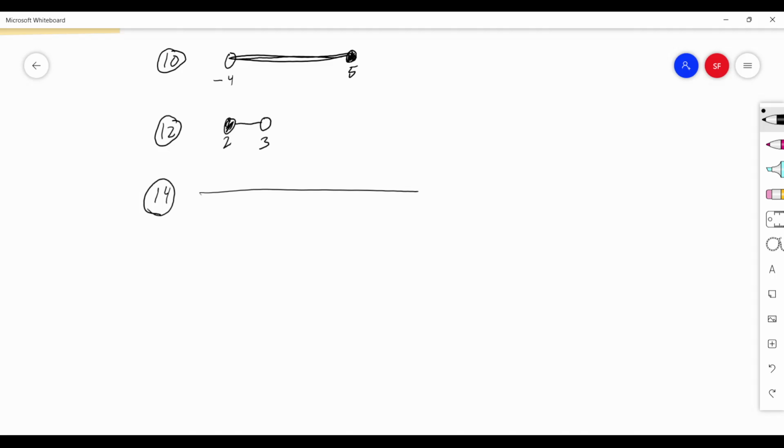And then back over. Number 16, sorry. Number 16, we should have gotten shaded between 40 and 70, both with closed circles.